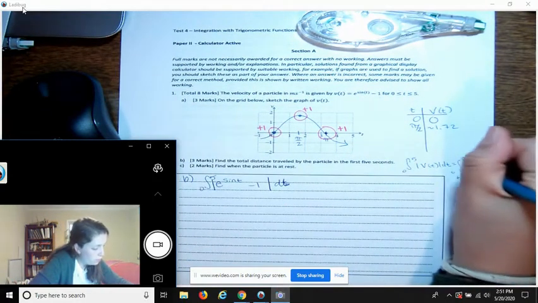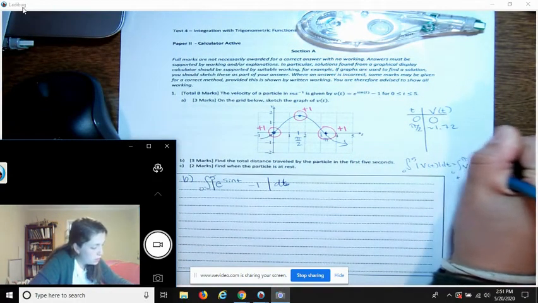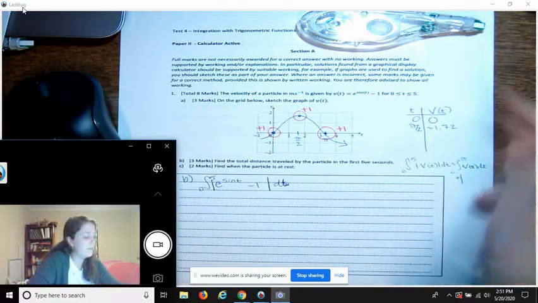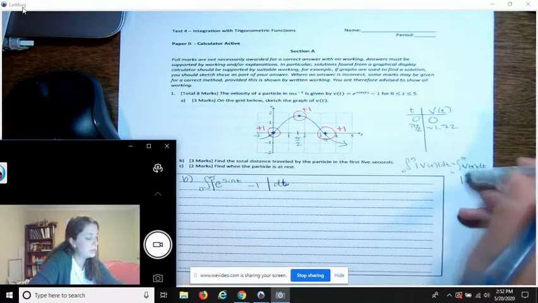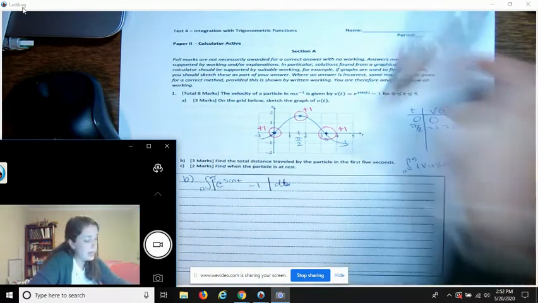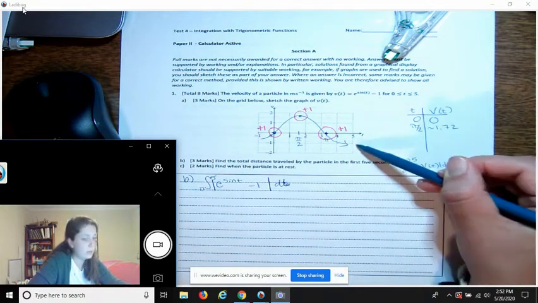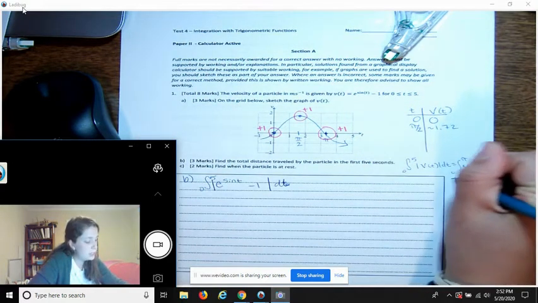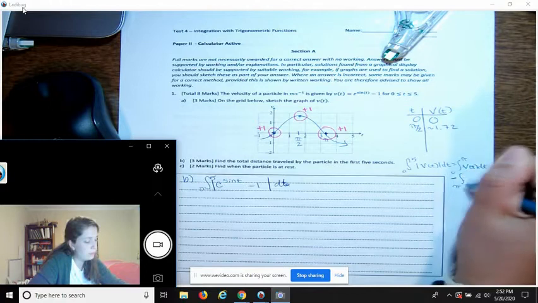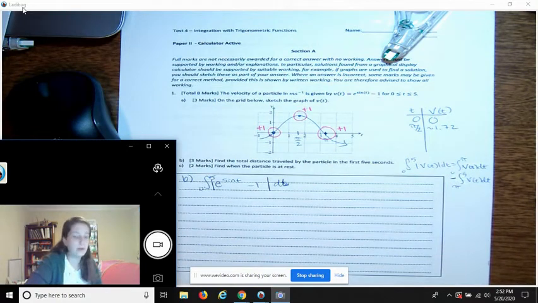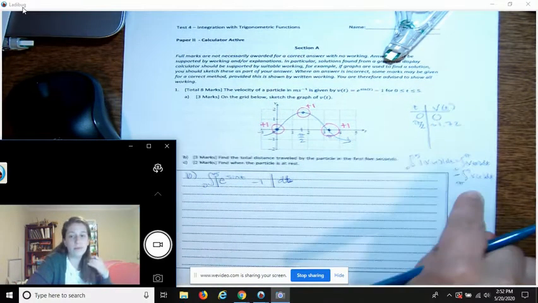So v of t dt, and then plus the absolute value, or you could have, even if you didn't use absolute value at all, the negative, because this stuff from pi to 5 is going to be negative. So minus the integral from pi to 5 of v of t dt. Okay. So either one of those, this or this, would be fine.